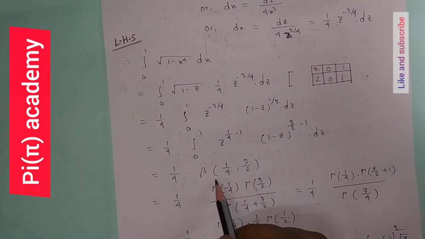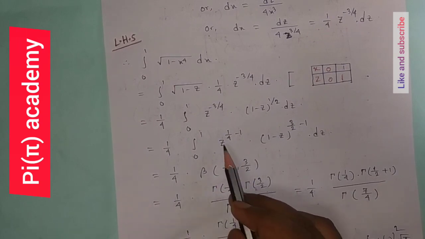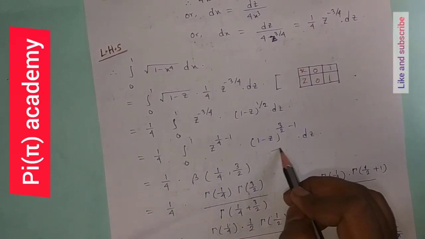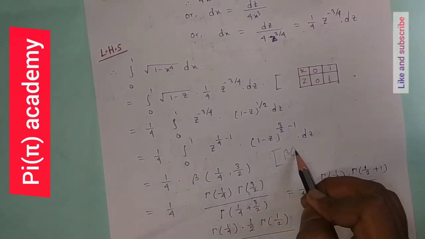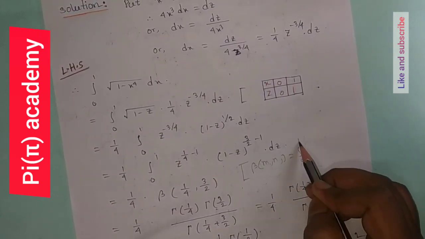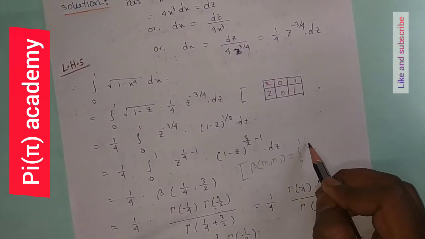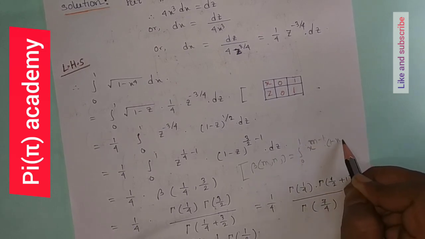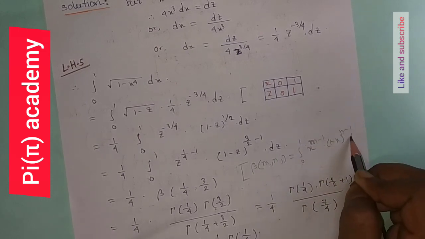Therefore, by the definition of beta function, we know that beta(m, n) equals the integral from 0 to 1 of x to the power m minus 1 into (1 minus x) to the power n minus 1 dx.